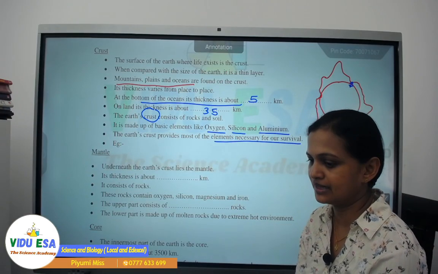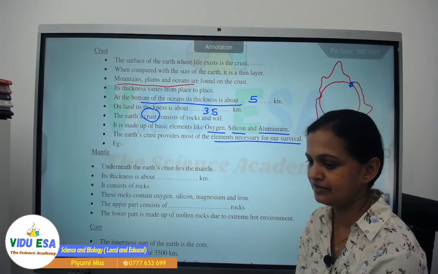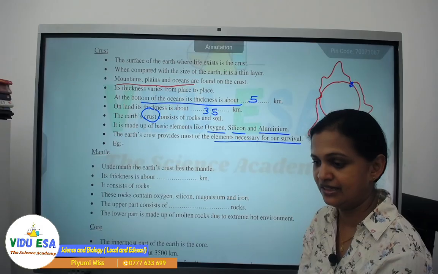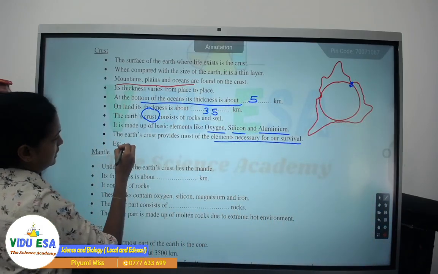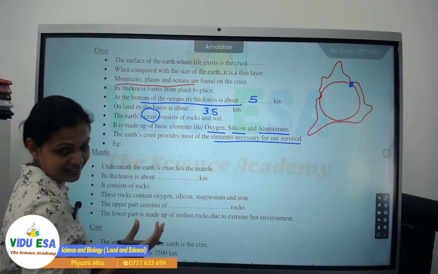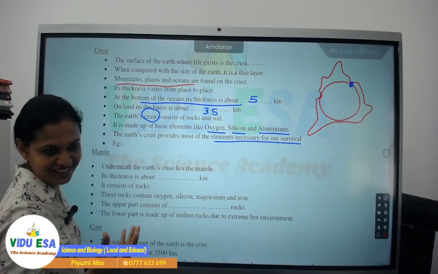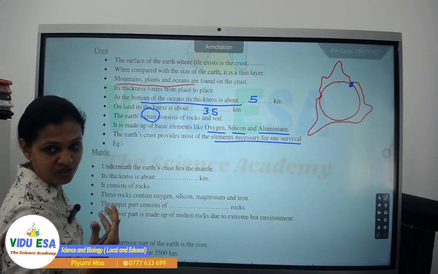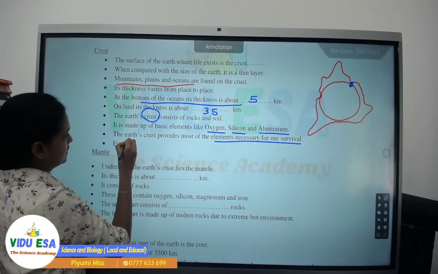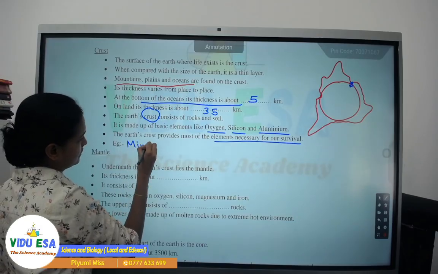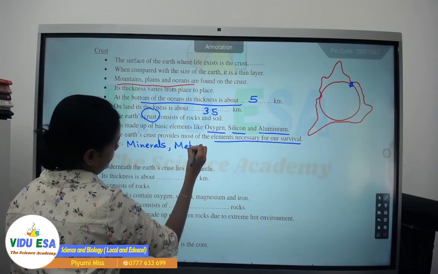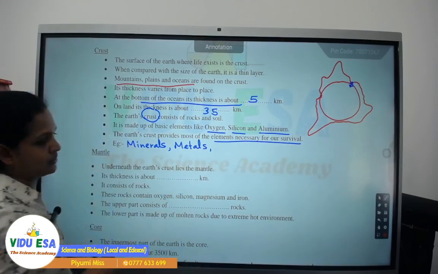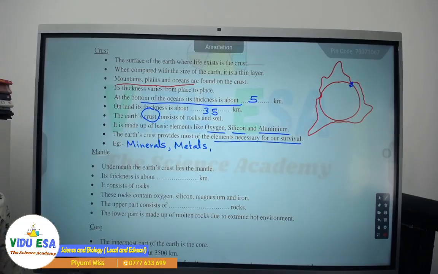So the minerals, fossil fuel even, right? Metals, there are metal deposits. The ores, metal ores are there. So we can say minerals, metals, then also the fossil fuel, right?